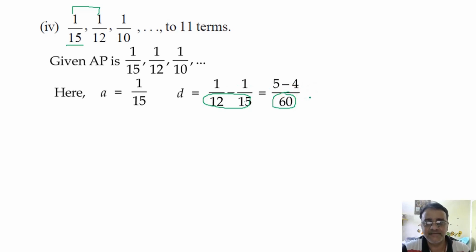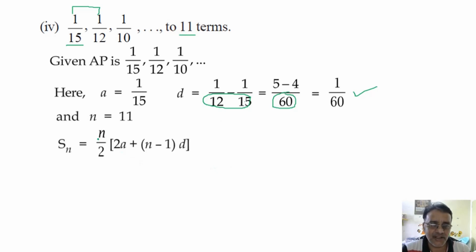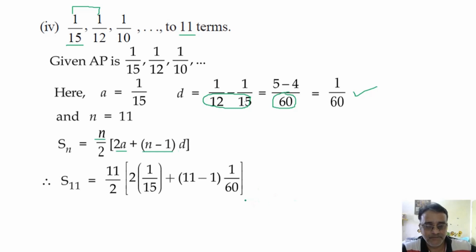So D is 1 by 60. And what is n? 11. Now we write the formula and substitute all the values: 11 by 2, 2 into 1 by 15, 11 minus 1 into 1 by 60. This will become 10 by 60. Clear?